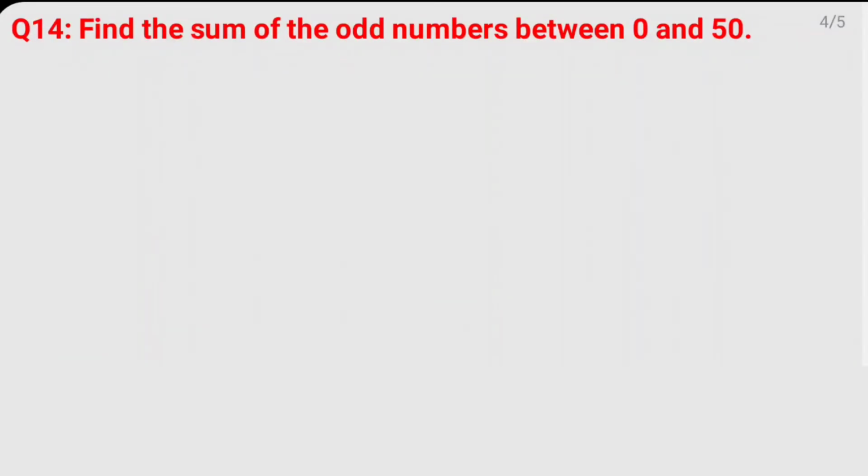Find the sum of the odd numbers between 0 and 50. Here we want to find out the sum of odd numbers between 0 and 50. So let me solve here.